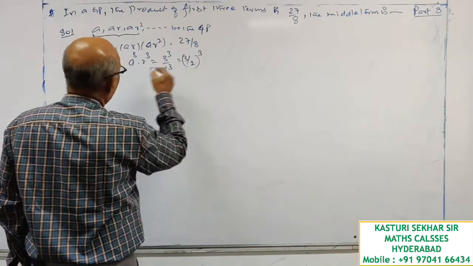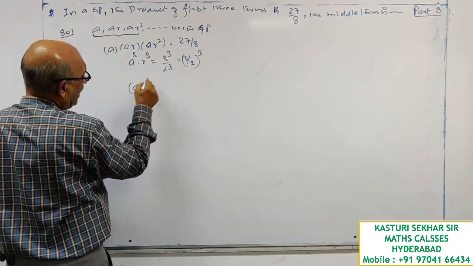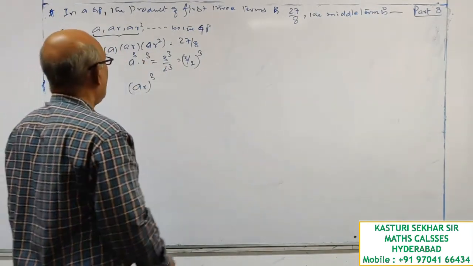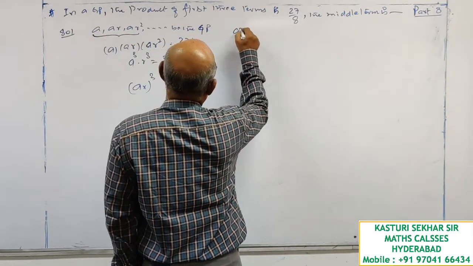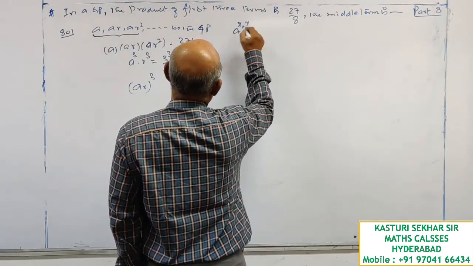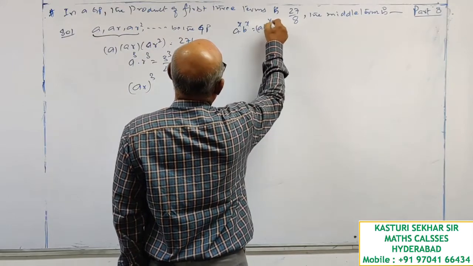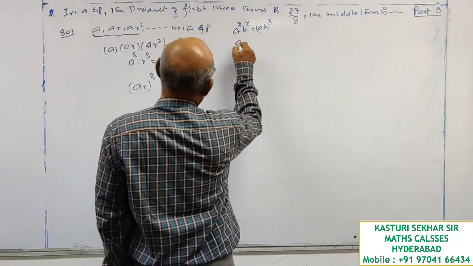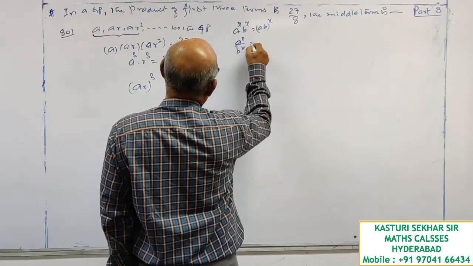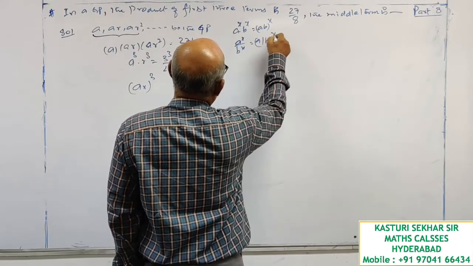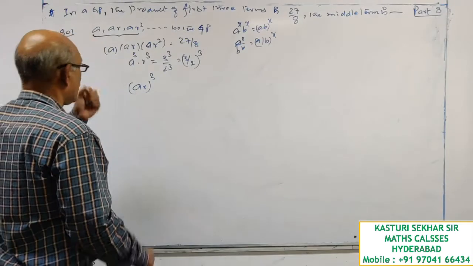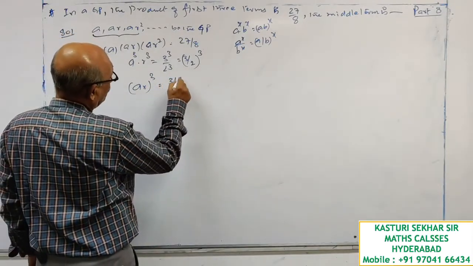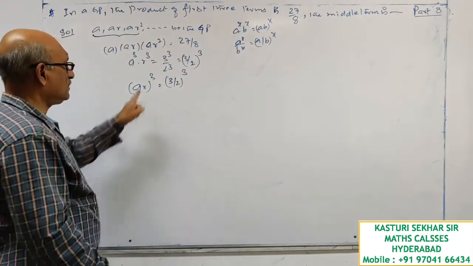Here also you can write AR whole power 3, because the left hand side is of the type a power x into b power x, which can be written as ab whole power x. The right hand side is of the type a power x by b power x, which is a by b whole power x. This is equal to 3 by 2 whole power 3.